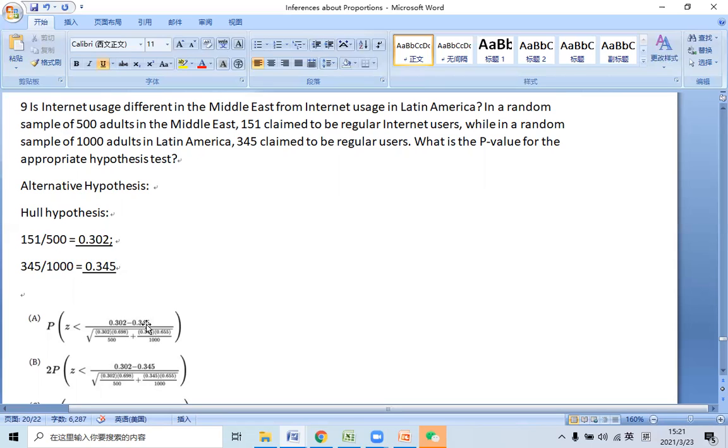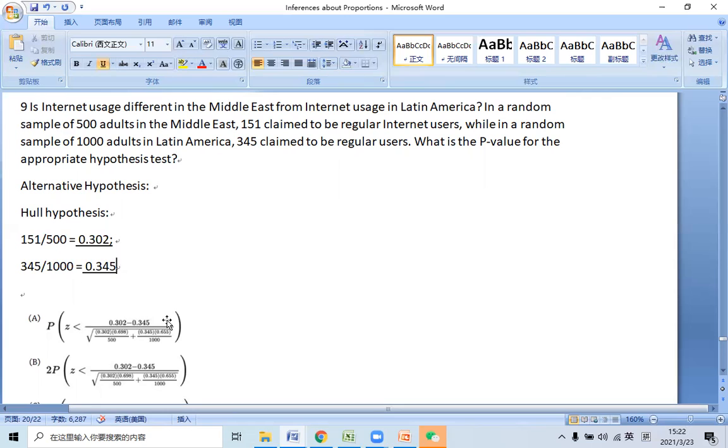0.302 subtracting 0.345. And you want to find a z-score. Well, for the z-score, you have the deviation. Deviation is this one.